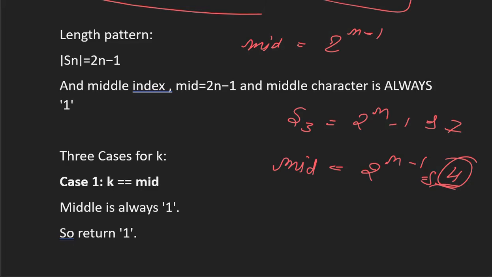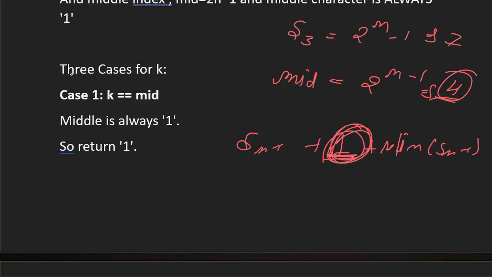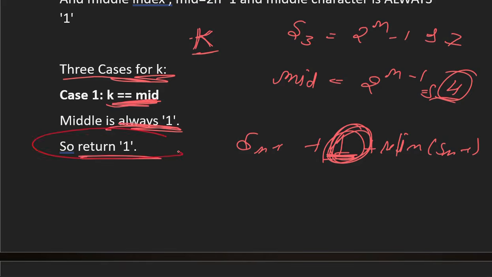And you have noticed the middle element is always 1, because we have S(n-1) plus 1 plus reverse invert of S(n-1). So the middle element is always 1. So we make three cases for our k value. If our k is equal to mid, and as we have already discussed mid is always 1, we will be directly returning 1 in that case, right?